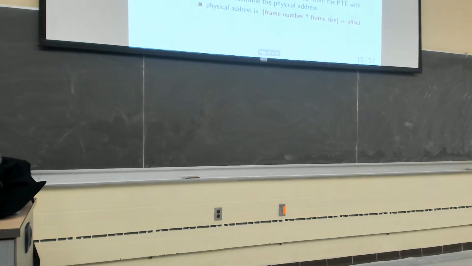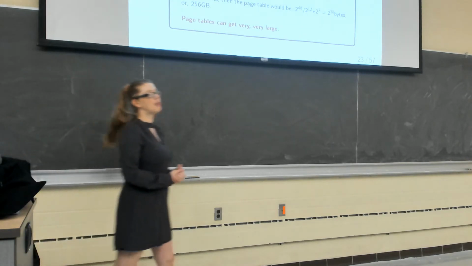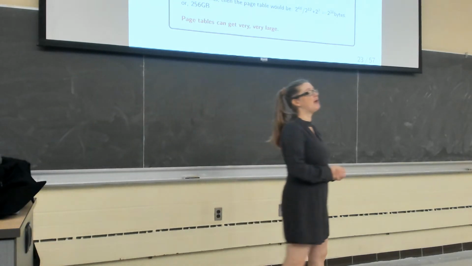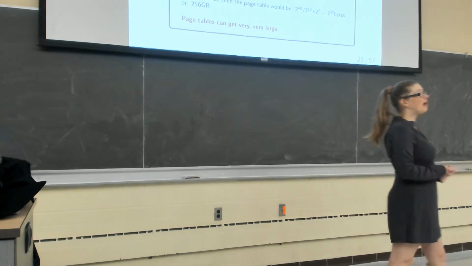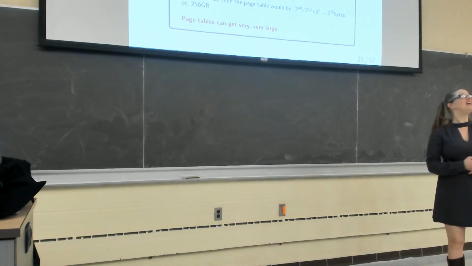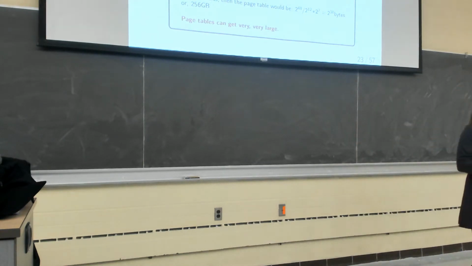Now, the problem with this, of course, is that if you look at the size of this page table, each of those page table entries takes a certain amount of space. And it's entirely possible that your page table ends up being significantly bigger than the address space actually needed by the program.